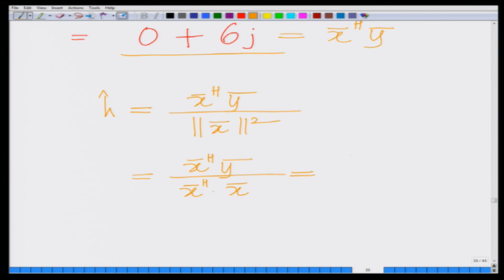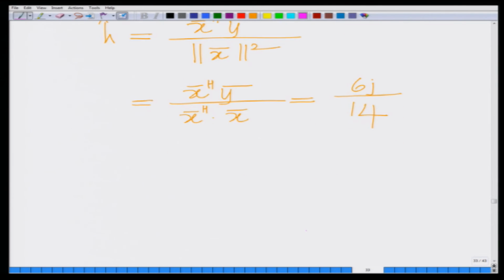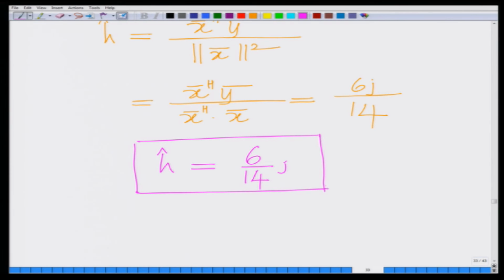And x bar Hermitian y bar equals 6 j, norm x bar square we have already calculated is equal to 14. So, basically the complex baseband channel estimate h hat equals 6 divided by 14 times j. This is the estimate of the complex baseband channel coefficient.